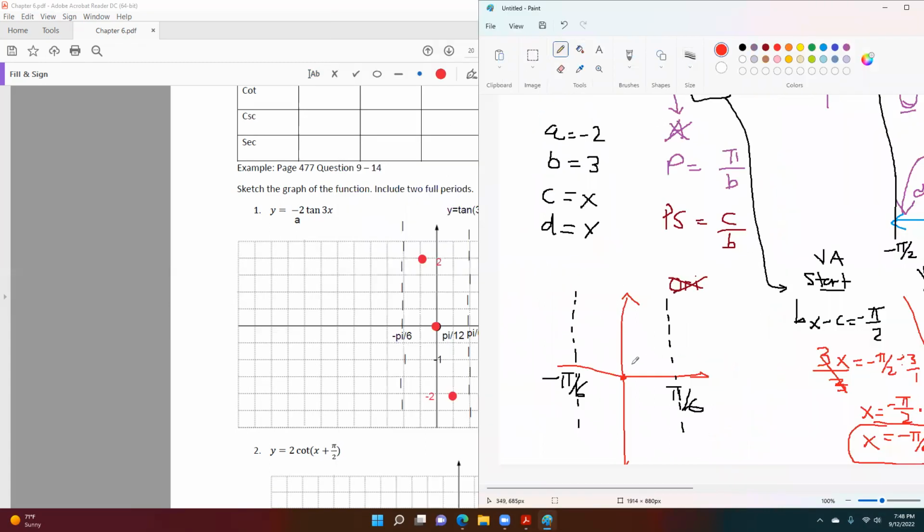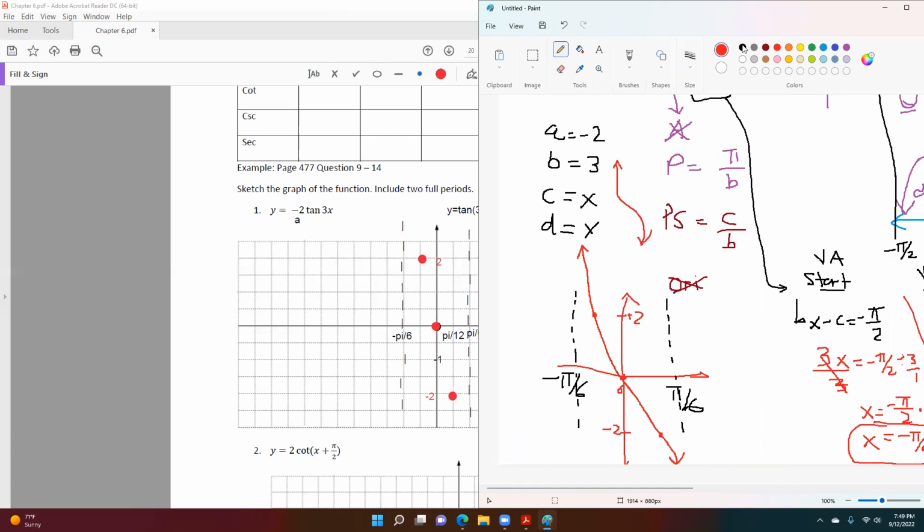Right in the middle between 0 and -pi/6, you will have a +2. And right in the middle between 0 and +pi/6, not negative, +2, sorry, you will get a -2. So your tangent graph for this will look something like this. And again, it's a tangent graph, so it's not a straight line. It's going to be a curvy line like this.